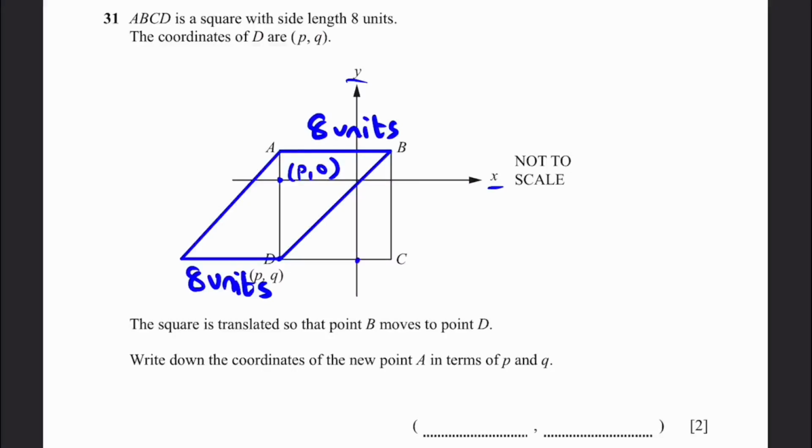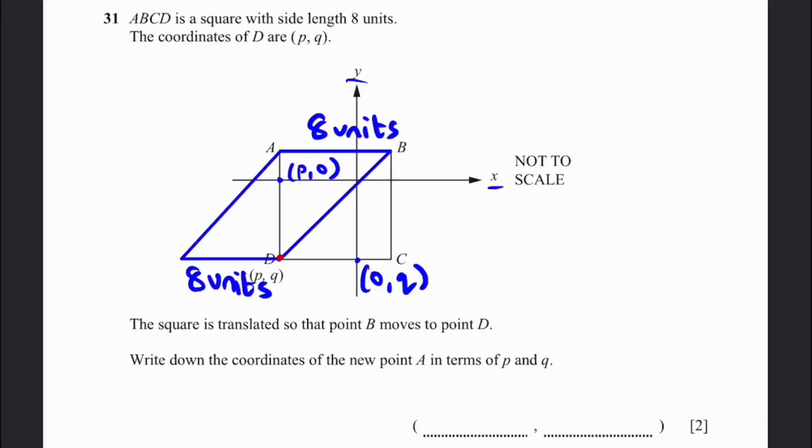And this is the Q value. In other words, 0, Q, because Q is the y value and x is equal to 0. So both of them make straight lines, the x one vertical, y horizontal, and they meet at this point.